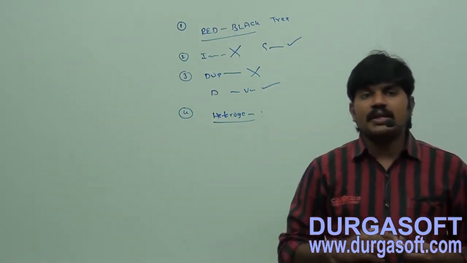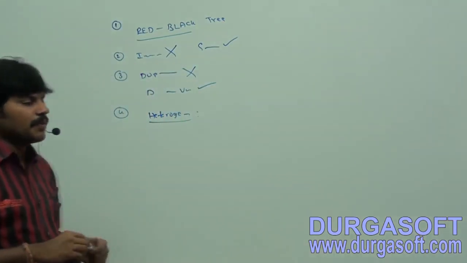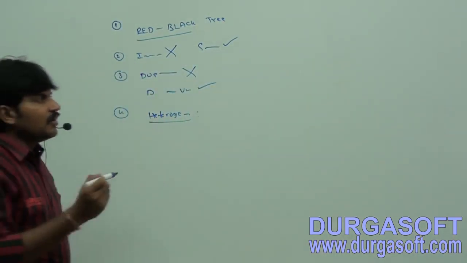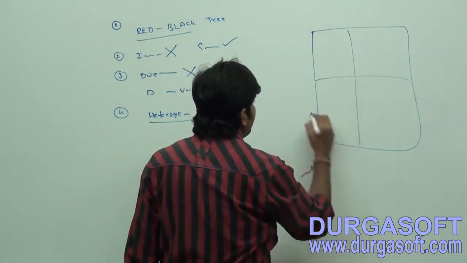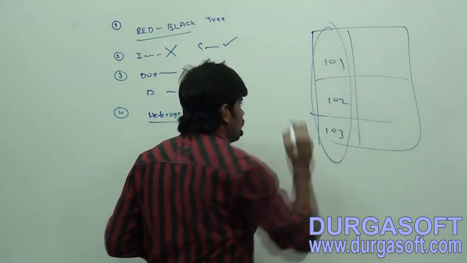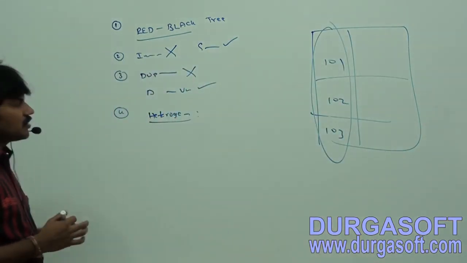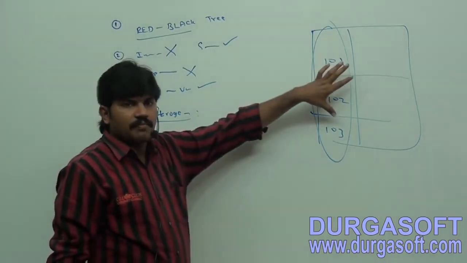If we are depending on default natural sorting order, then the keys should be homogeneous and comparable. Are you getting?